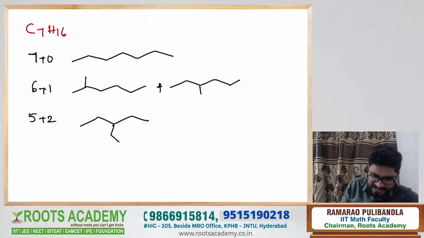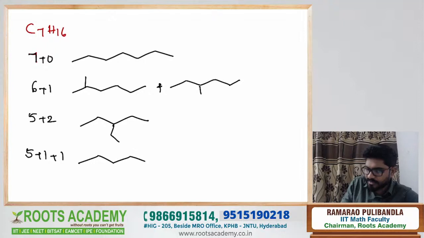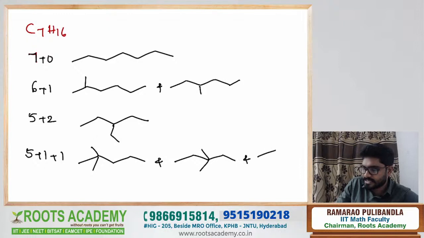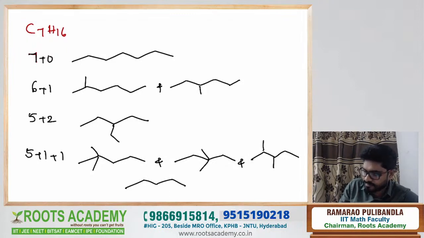Okay. Next, 5 plus 1 plus 1, guys. So you take the 5, 1 here, and 1 here, and please see in what way I'm writing. 5 plus 1 and 1, 2, and one more, 1, 3, guys.